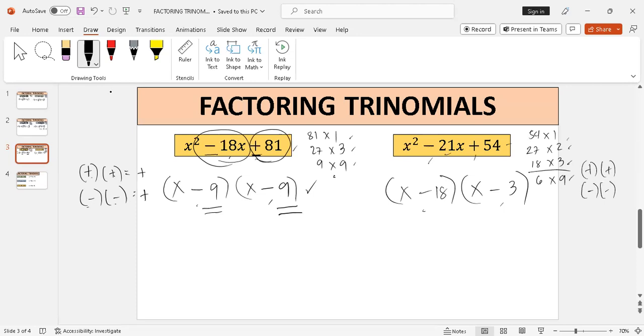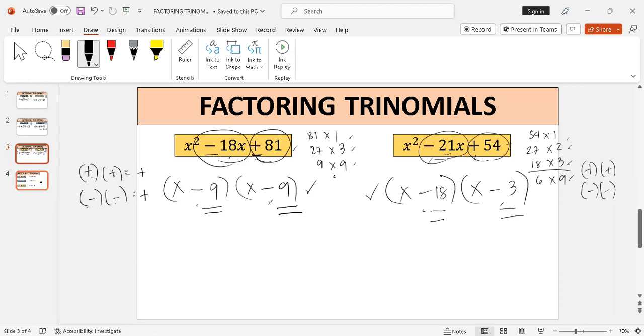Okay? Negative 18 times negative 3 is positive 54. Negative 18 plus negative 3 is negative 21. So we got the correct factors. So that's how we factor trinomials.